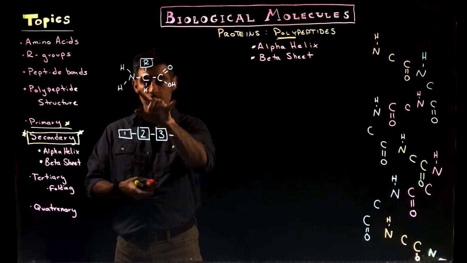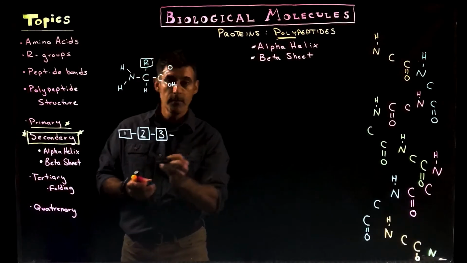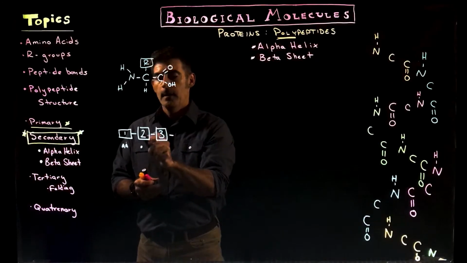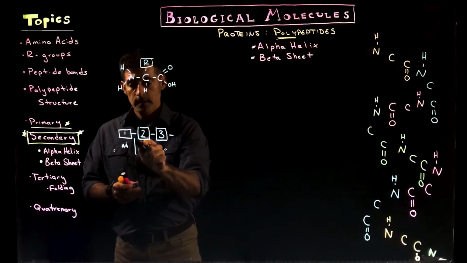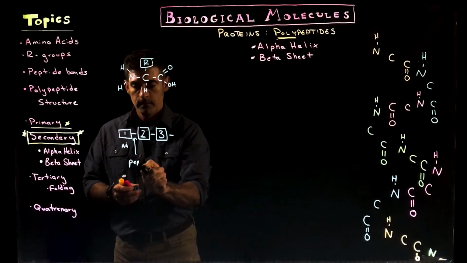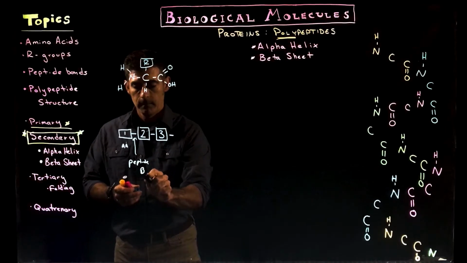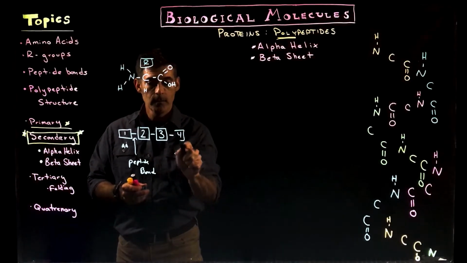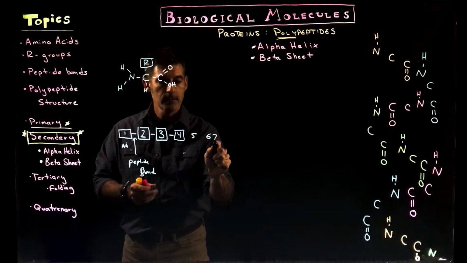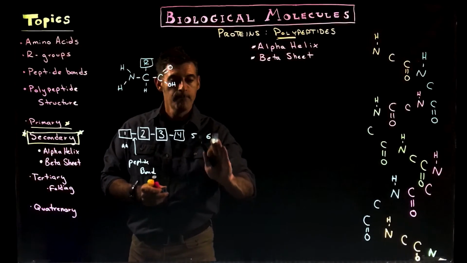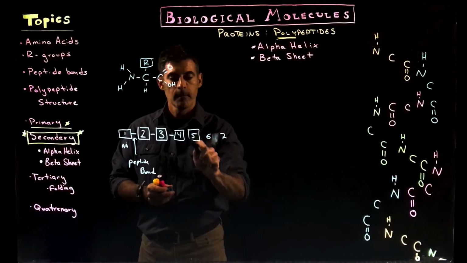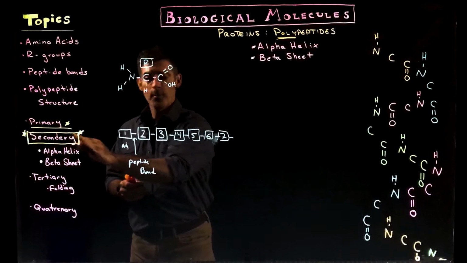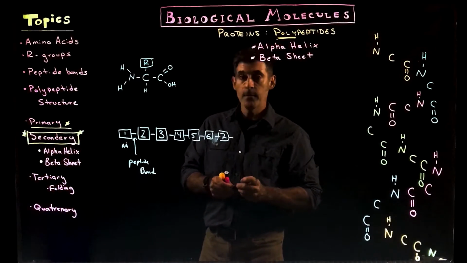So if we have amino acid number 1, joined with a peptide bond to amino acid number 2, 3, 4, 5, 6, 7, and so on. That's our primary structure, the specific sequence of amino acids.